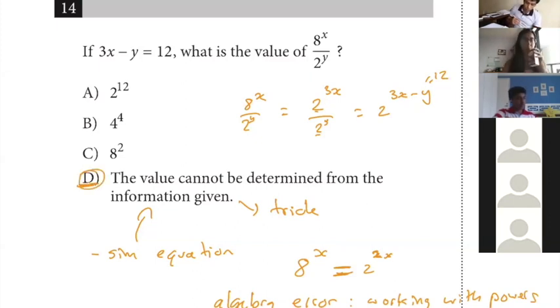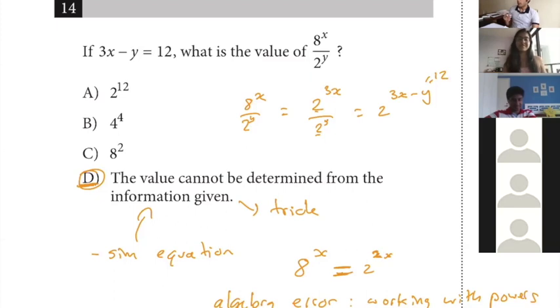I also want to highlight one more thing. The answer D is not very commonly shown in the SAT, right? There will be many questions where there is one option you rarely see, like all of the above, or none of the above, or value cannot be determined, or this question is silly, whatever.